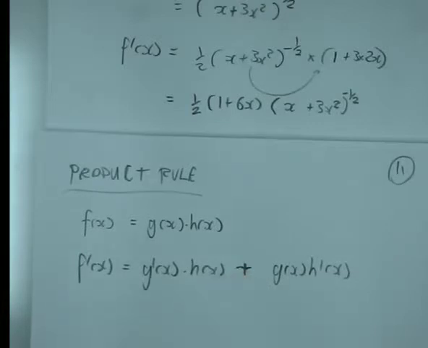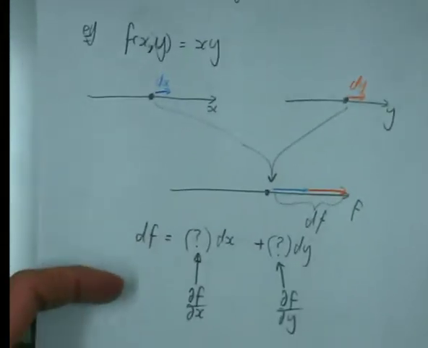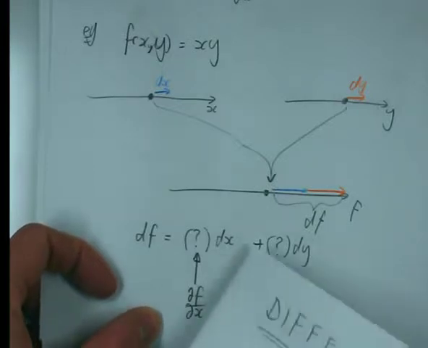The reason this works is because of partial differentiation with two variables. So back here, when we looked at this, that plus in the product rule comes from here.